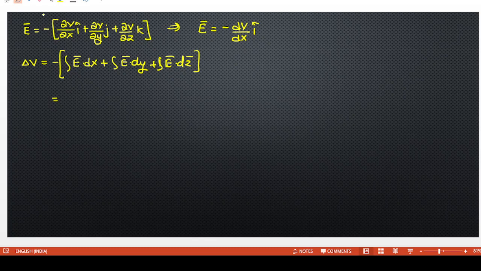The basic formula is not this. Basically the general formula is integration of E bar dot dr bar, where dr is a three-dimensional displacement.